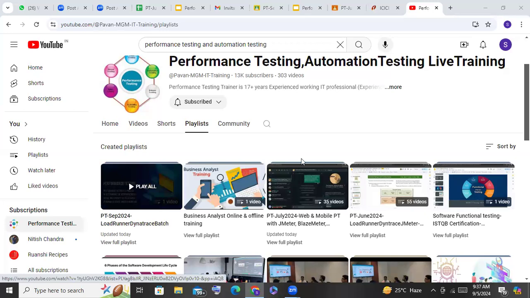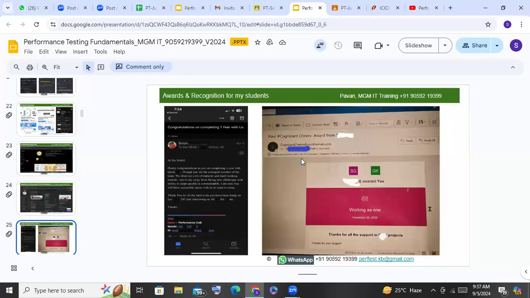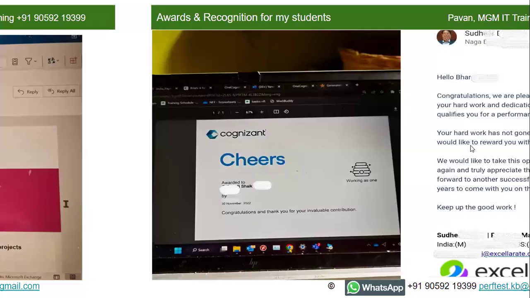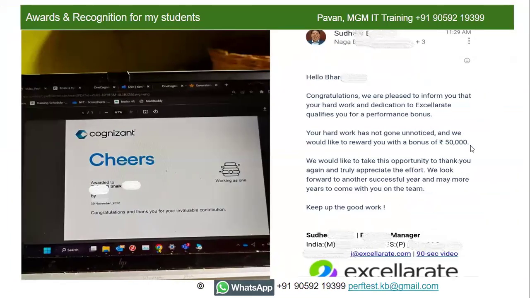Okay, so some of the awards that our students actually got, guys. Within 6 months after the course, after they got the job, they were able to get the awards as well. There are a lot of people who are not properly going through the course.